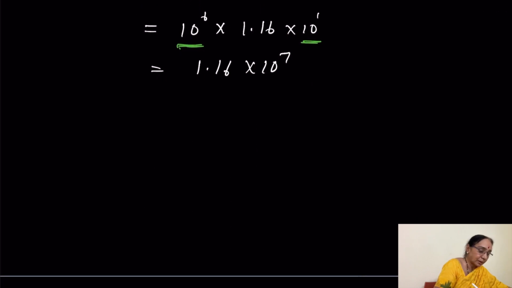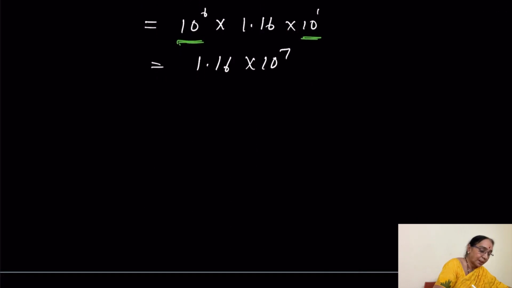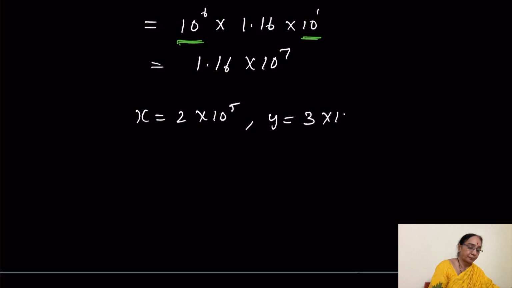Now last example. Now I am giving x as 2 into 10 to the power of 5 and y as 3 into 10 to the power of minus 3. Okay, so they are already in the standard form.